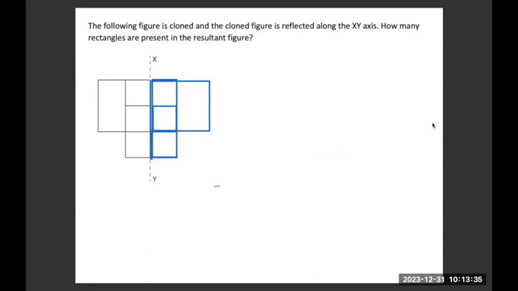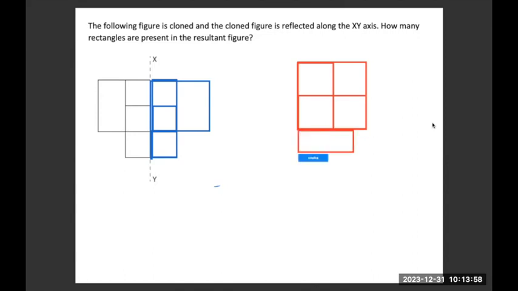A rectangle cannot be a square. Some diagram like this. Okay.